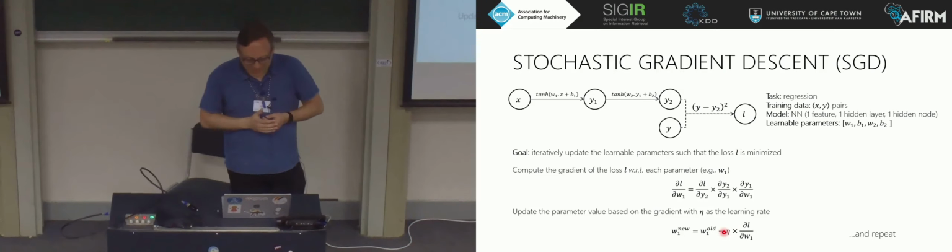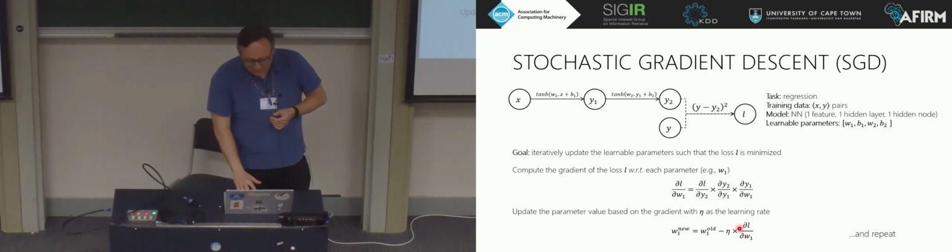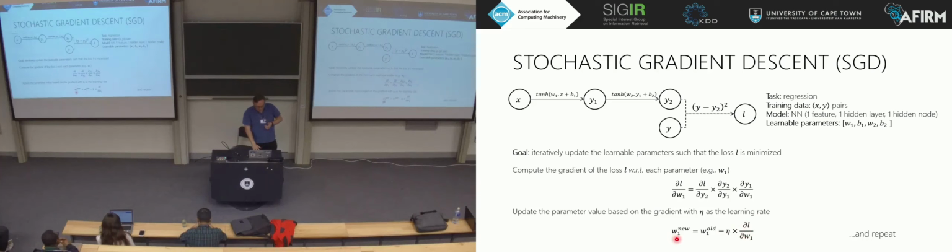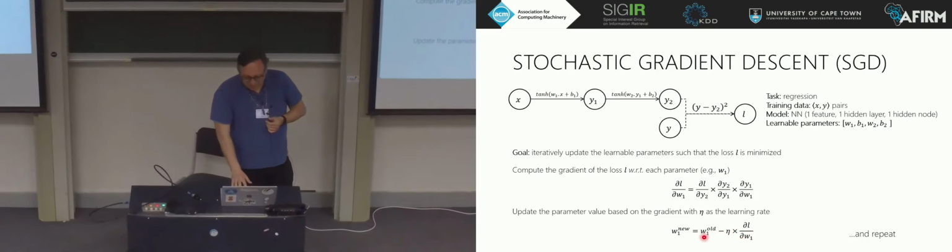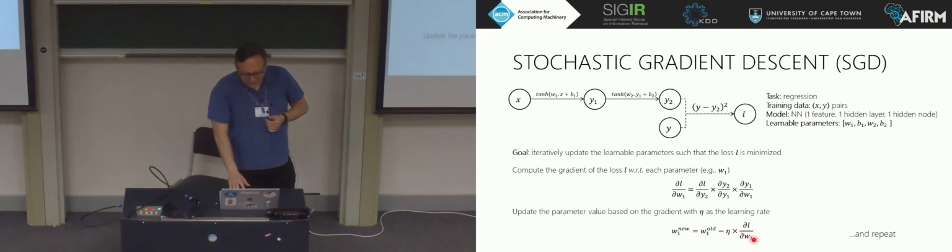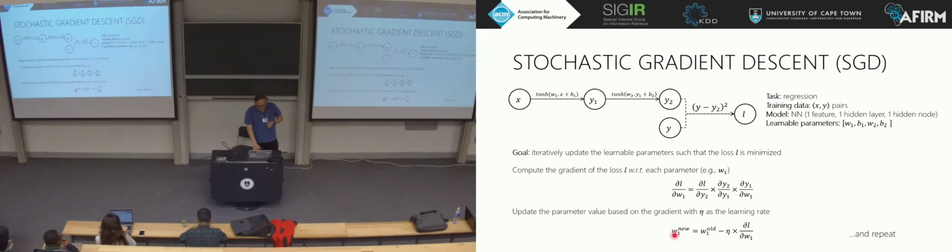But the key thing you need to figure out to learn, let's say W1, the first weight applied here, is a gradient that tells you how to update W. So the new W is the old W minus some learning rate times the gradient. That parameter tells you how fast you should adjust.